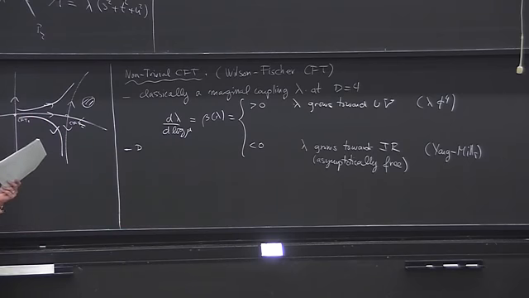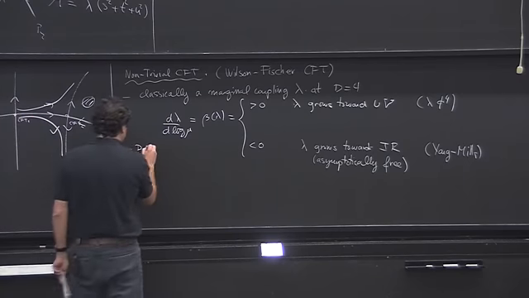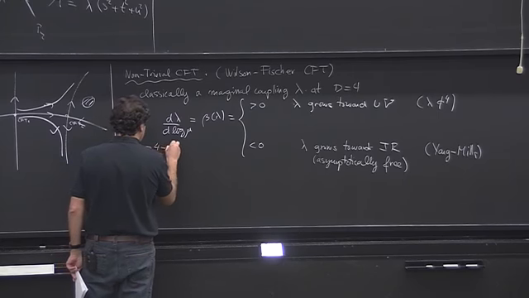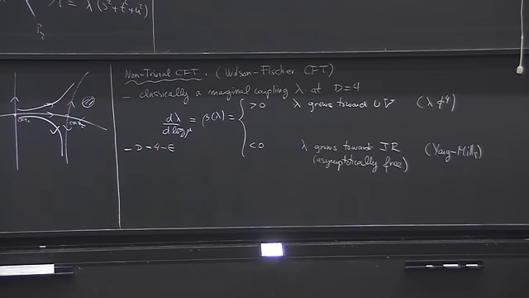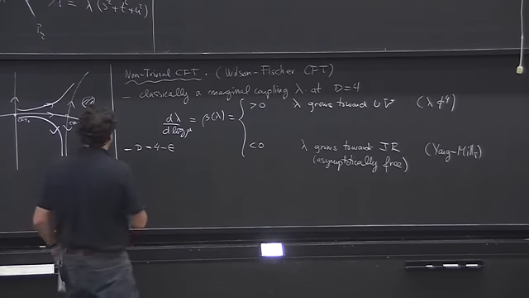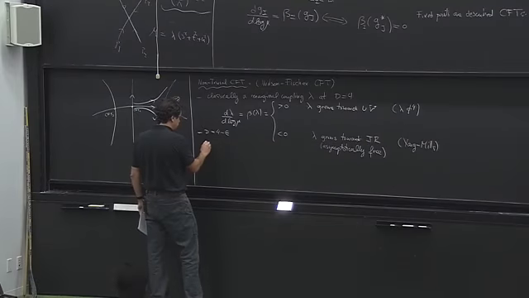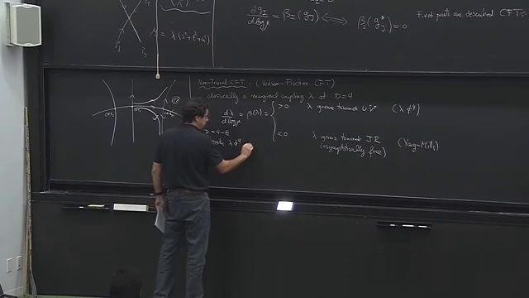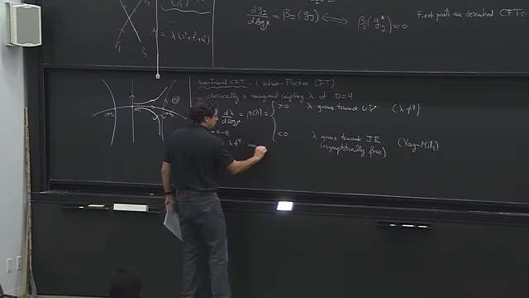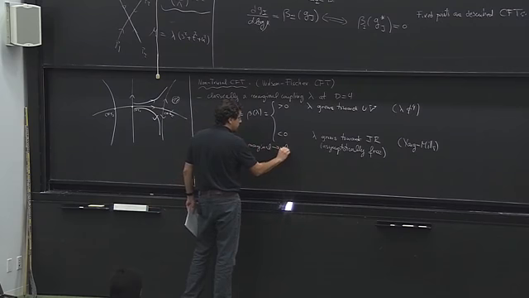You treat the theory not in 4 dimensions, but in 4 minus epsilon dimensions. Whenever you decrease the dimension of space-time, a given operator becomes more relevant. Okay? So going from 4 to 4 minus epsilon, essentially what it accomplishes is to make lambda phi to the 4th go from a marginal operator to a relevant operator. Okay?